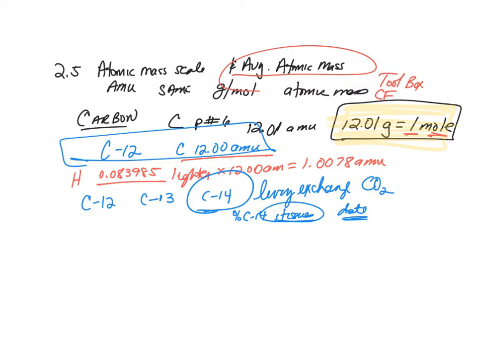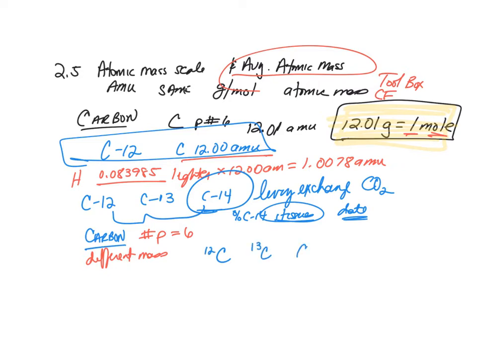Now, what are these? These are all carbon. If they're all carbon, that means they all have the same number of protons, which is 6, but they have different masses. You see how I like to write them with the dash? I do that because I can't remember which one goes up here, though I can right now just because I'm teaching it.